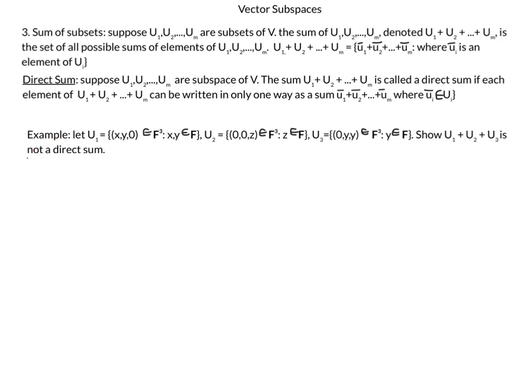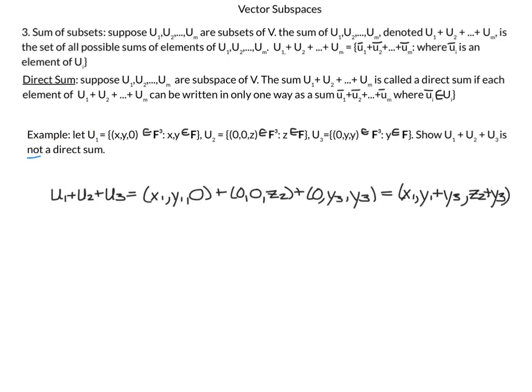So let's underline that. Now my sum of subsets U1, U2, U3 gives me an x1, y1, 0, a 0, 0, z2, and then a 0, y3, y3. And again, I think this y here is not the same as this y, which is why I put indices: 1 for U1, 2 for U2, and 3 for U3.